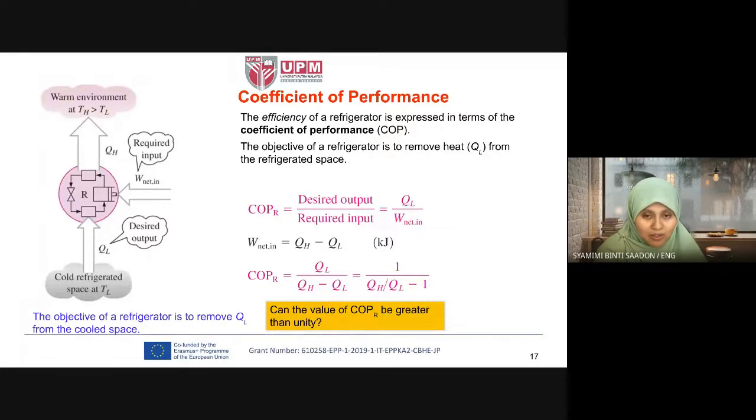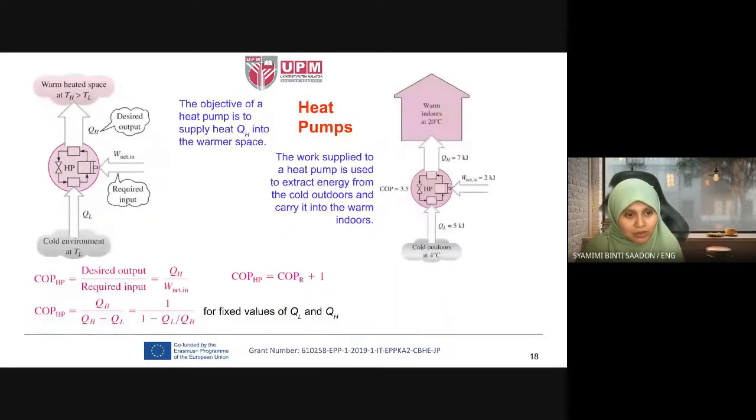So that's why we use the term COP instead of efficiency in percentage. It is not a percentage, it's just a ratio number. It means that our desired output is sometimes higher than our required input.